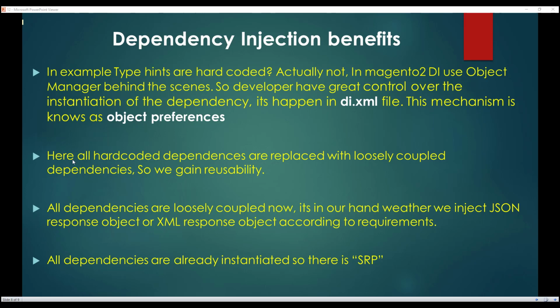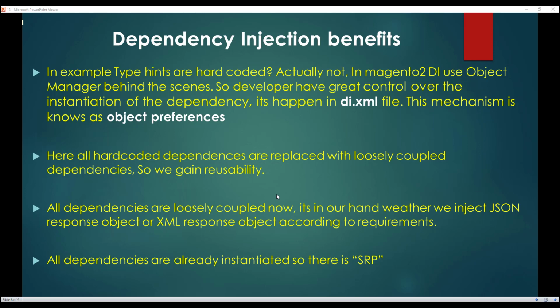We saw that all hard-coded dependencies are replaced by loosely coupled dependencies, so we gain reusability. Also, since dependencies are loosely coupled, it is in the developer's hand to inject a JSON response object or an XML object according to the requirement.